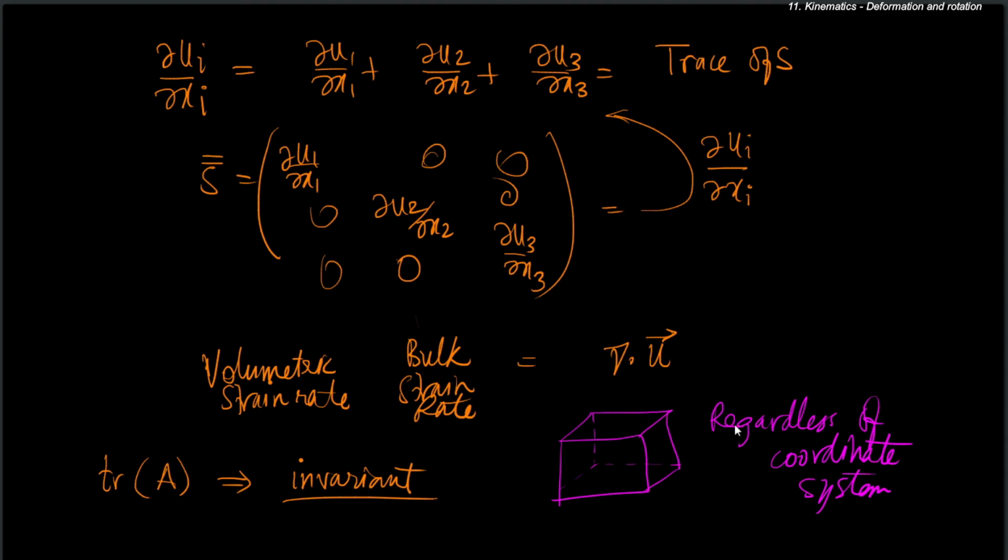This rate of change of volume cannot depend on the coordinate system. If it were to happen, it would result in a physical inconsistency, in the sense that you would have one coordinate system which allows for change of volume and another which does not, and that cannot happen.